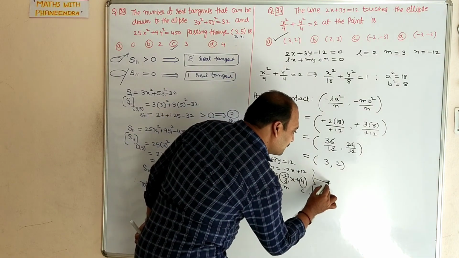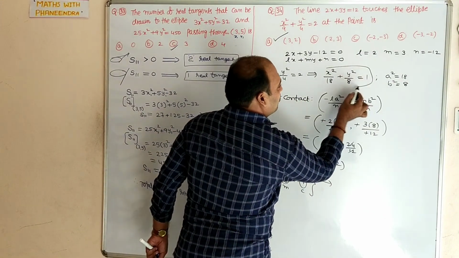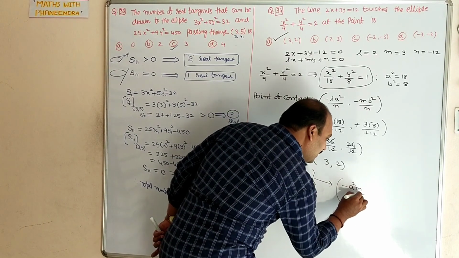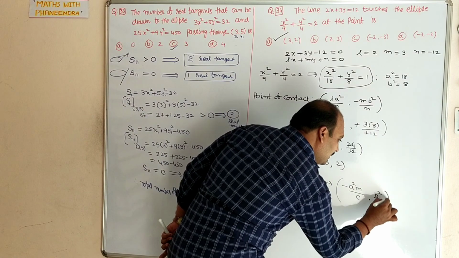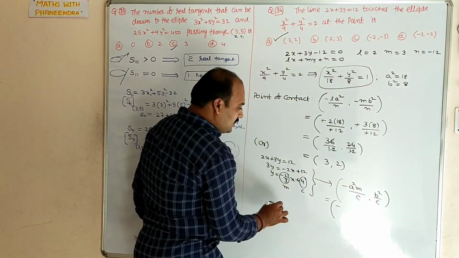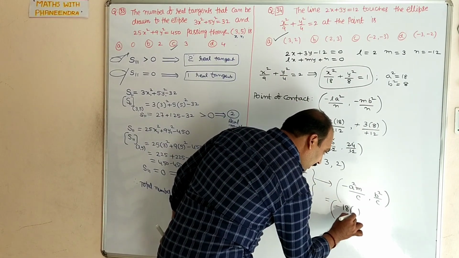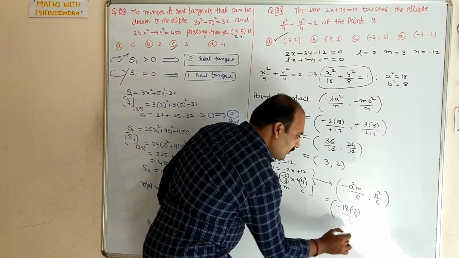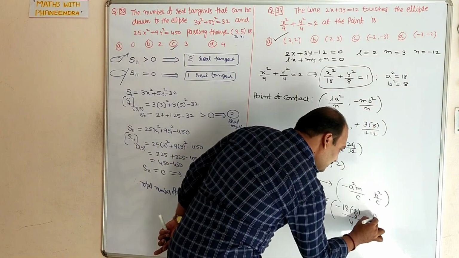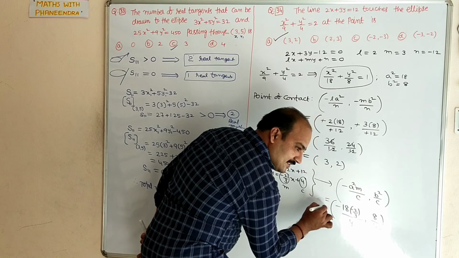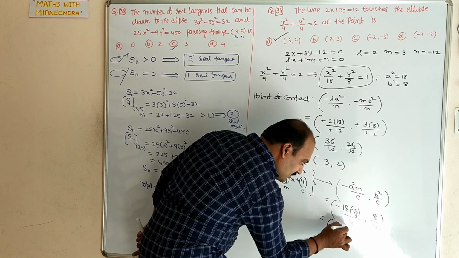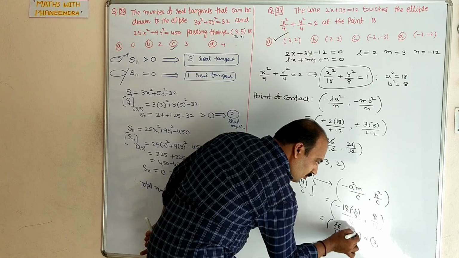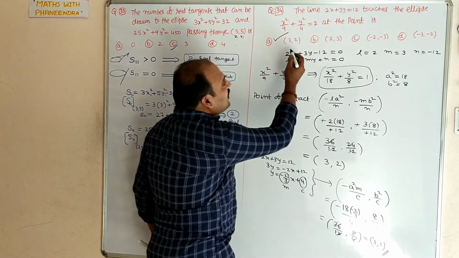Whenever this line touches the ellipse, the point of contact formula is minus a squared m by c, comma b squared by c. a squared is 18, m is minus 2 by 3, c value is 4, comma, b squared is 8, c is 4. The minus signs get cancelled: 18 twos are 36 divided by 4 threes are 12, comma 8 by 4, that is 2. So even this way we are getting 3, 2.